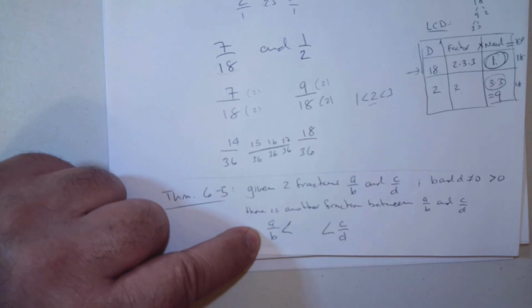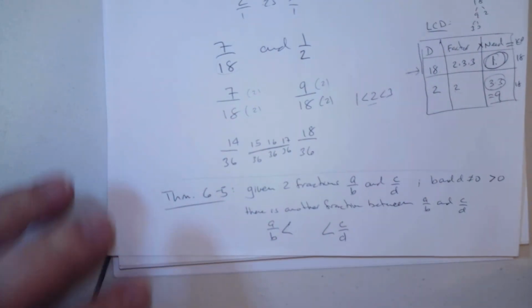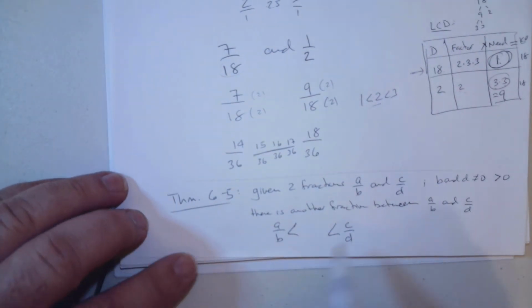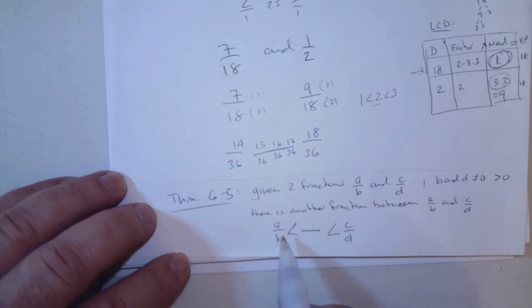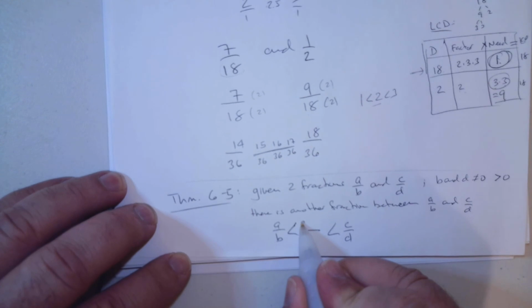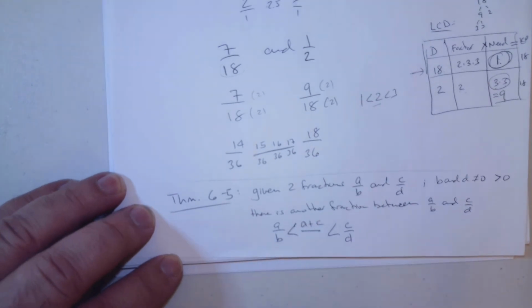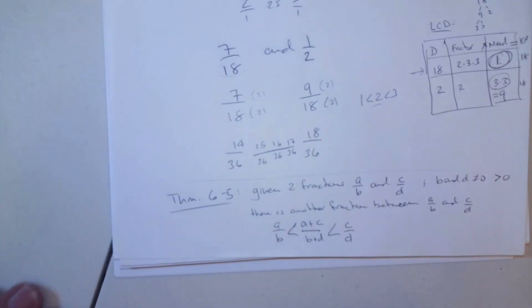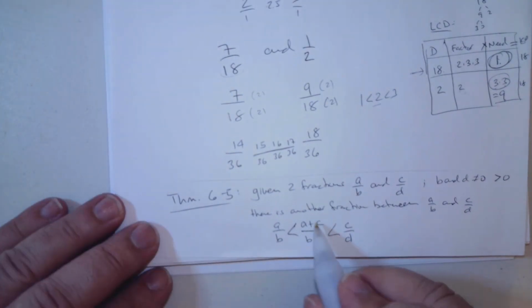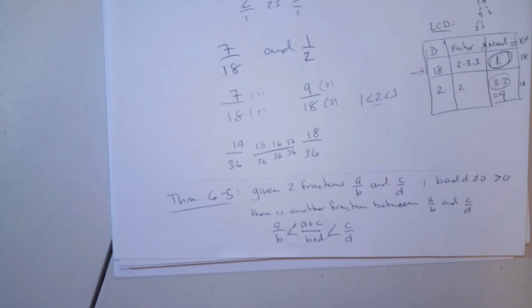So A over B less than C over D. It gets lined up first. Now, to find the middle number between there, add your numerators, A plus C, over B plus D. Bam. There you go. And there's your number between there. I've always thought that was pretty fun.